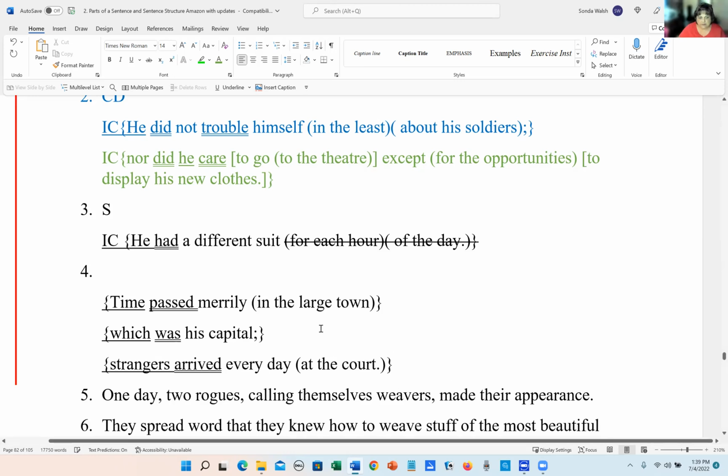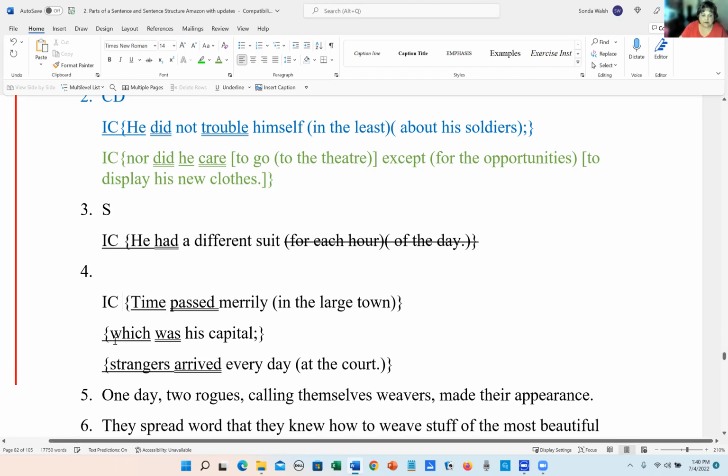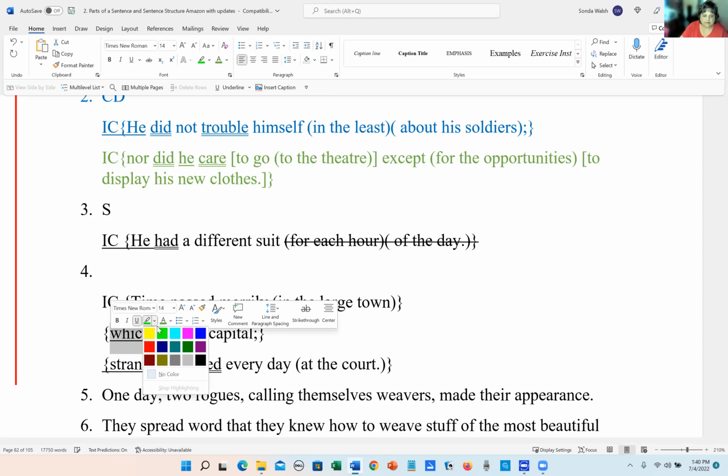Okay, now we have to go and see. Time passed merrily in the large town. We go to our subject, we look to the left, and we're looking for a subordinating conjunction or relative pronoun. We don't have any, so that makes this an independent clause. All right, we do the same thing for which was his capital, but the word which is a relative pronoun.